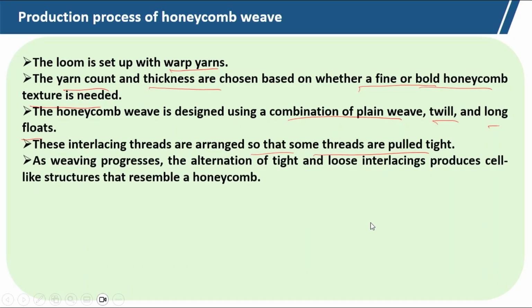As weaving progresses, the alternation of tight and loose interlacing produces a cell like structure. Okay, so loose yarns, tight yarns will form the cells, and loose yarn will go at the bottom.